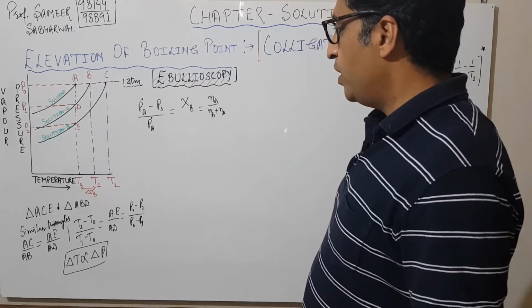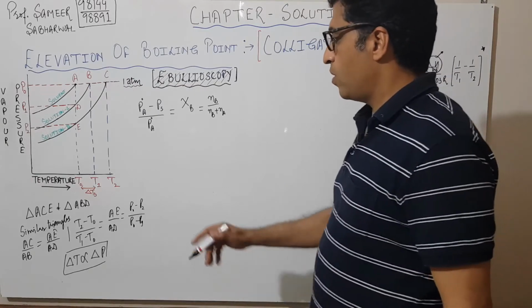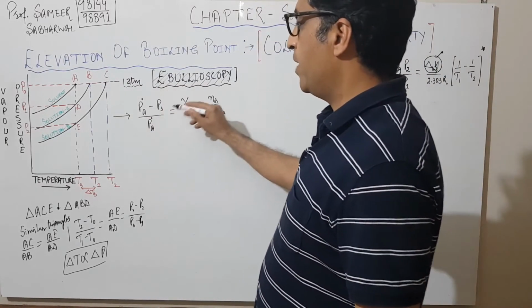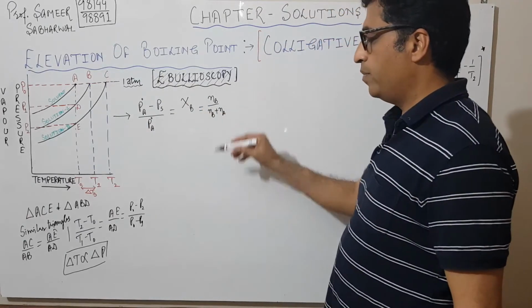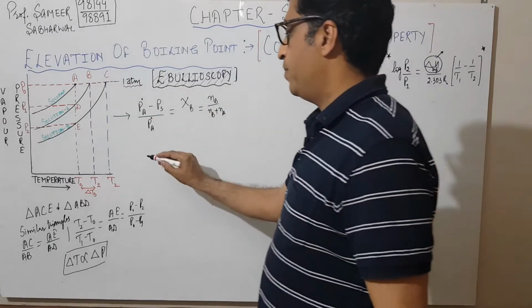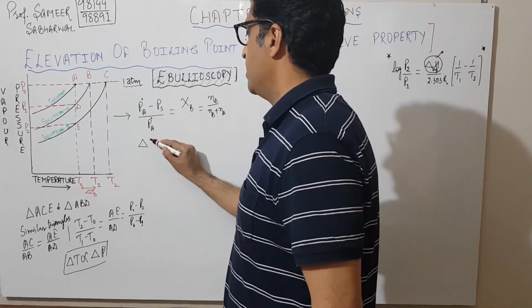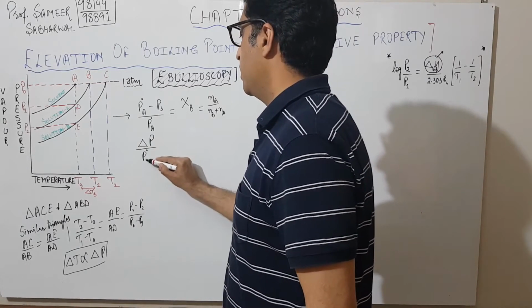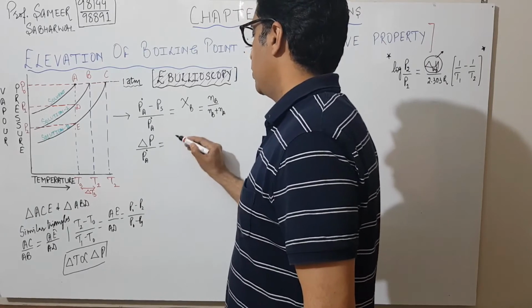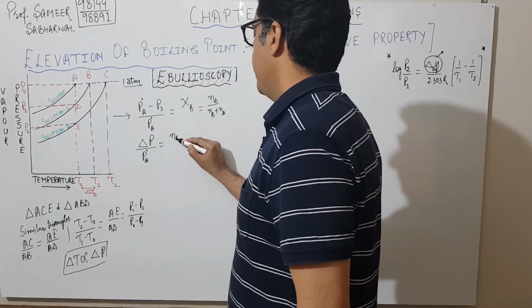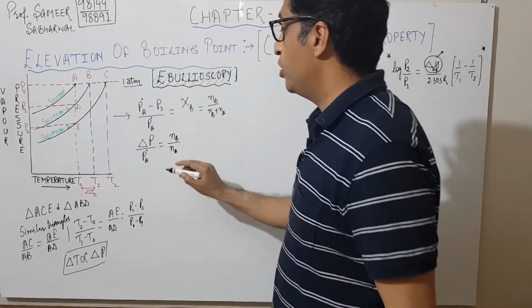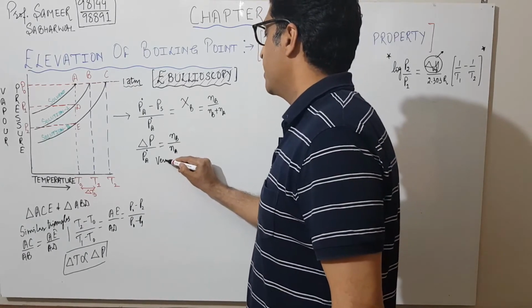Now students, we know from Raoult's law, I'm coming to this point again, that (P naught A minus PS) over P naught A is equal to NB over NA. Can I put this to be delta P over P naught A is equal to NB over NA if I consider this solution to be very dilute.